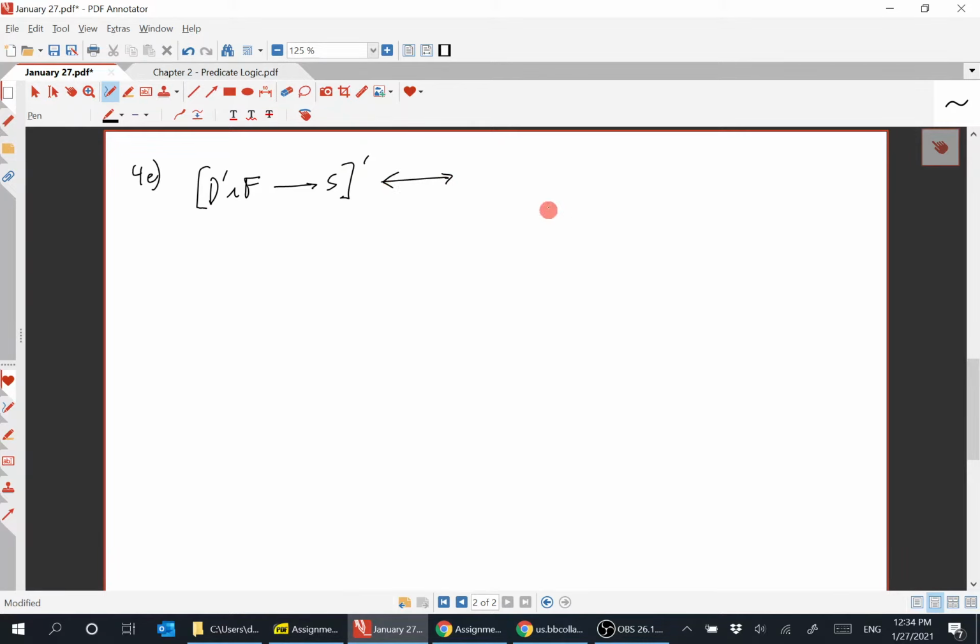Right, now what is the negation of an implication? We've been talking about that a few times, right? P implies Q, and you want to negate that. What's the negation of that?